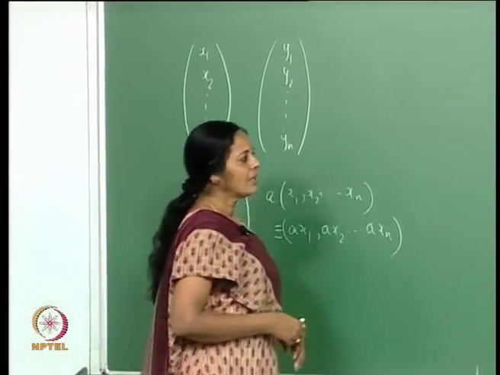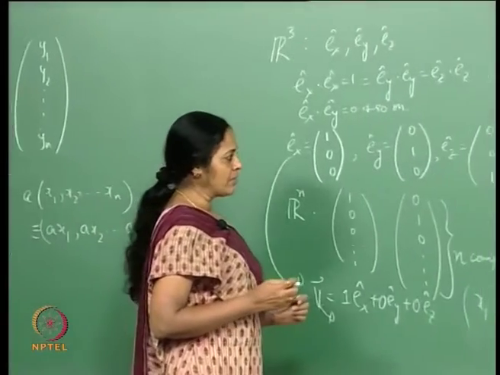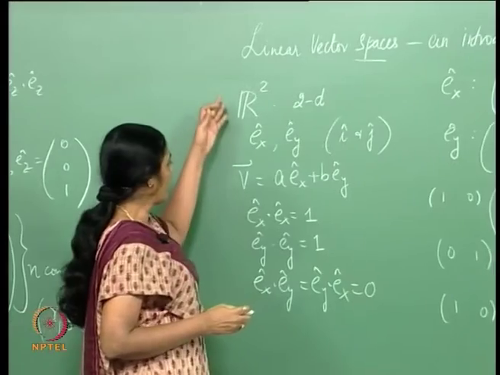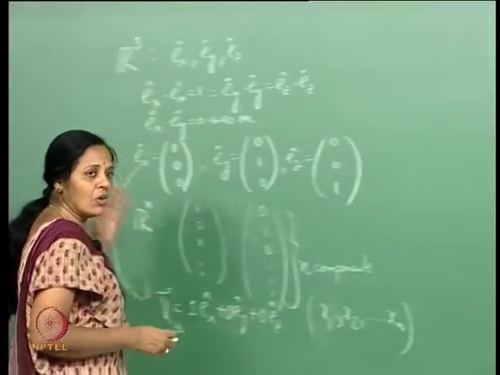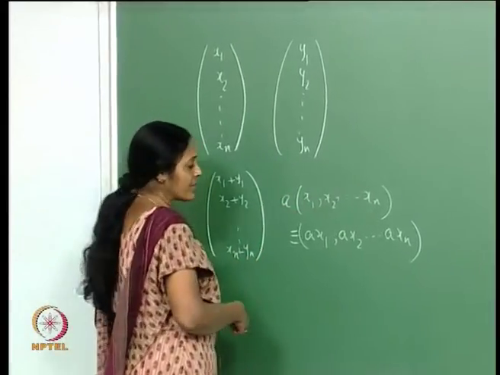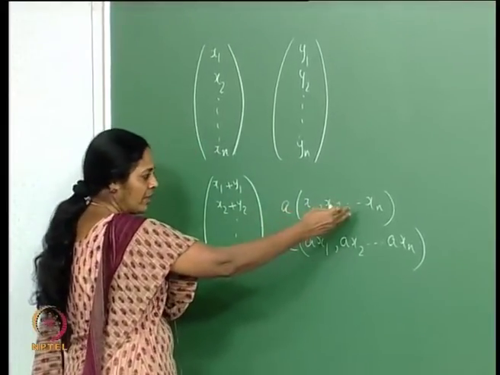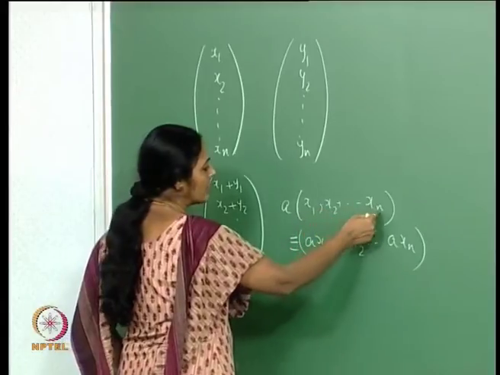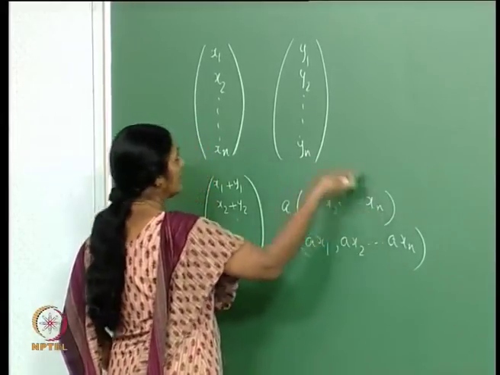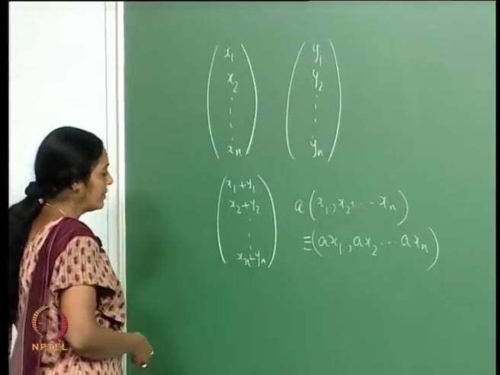So, what I am trying to establish is that a vector in R2 or R3 or Rn is in general given by a string of numbers, real entries all of them, and you will have an n tuple of numbers if you are talking of Rn.